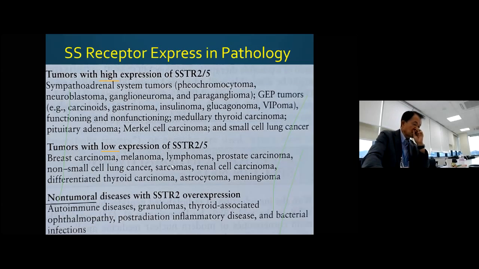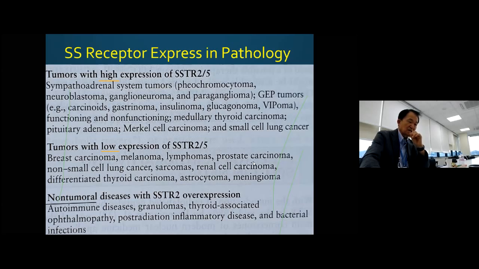But you also know that certain tumors have a low expression of receptor 2 or 5. They express more somatostatin receptor 3 or 1, so our current imaging may not show them. So it's breast, lymphoma, prostate.